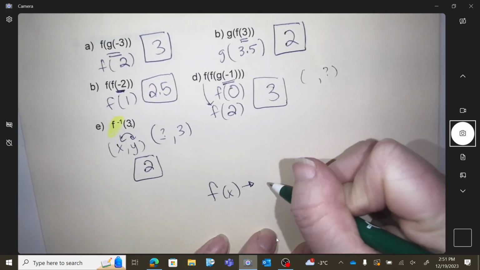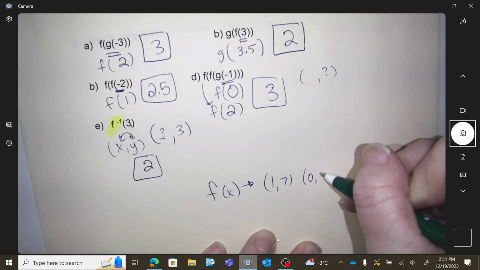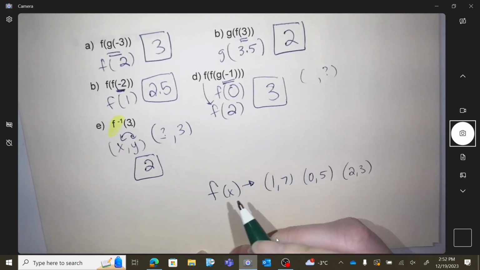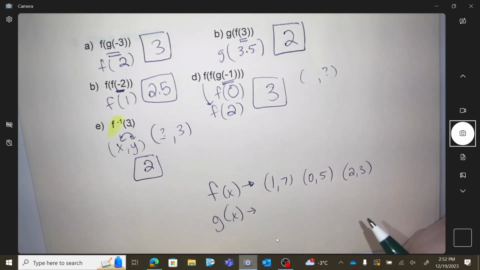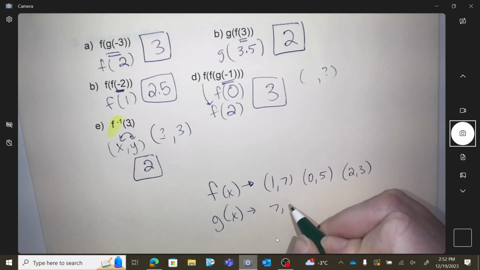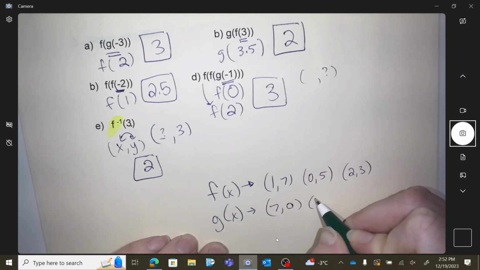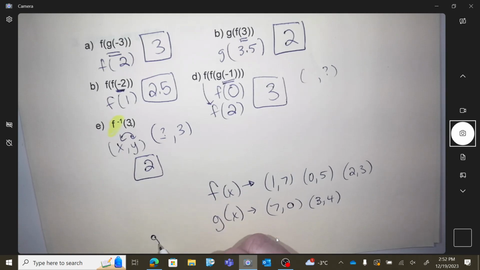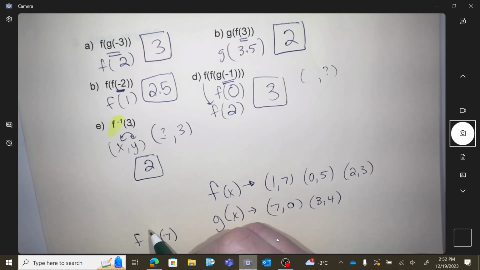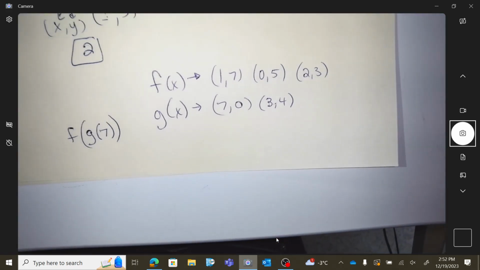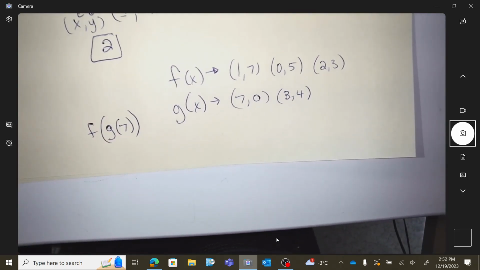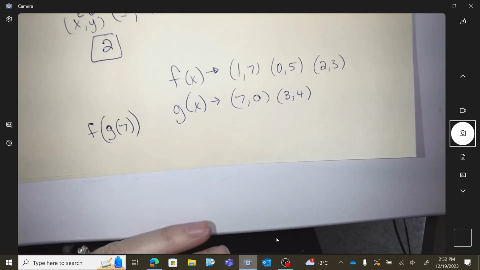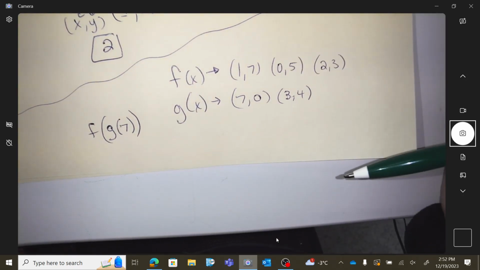Like if I give you this, it's the same idea, it's just that I put them as coordinates instead of a graph.